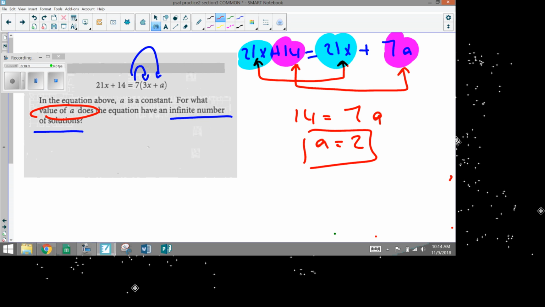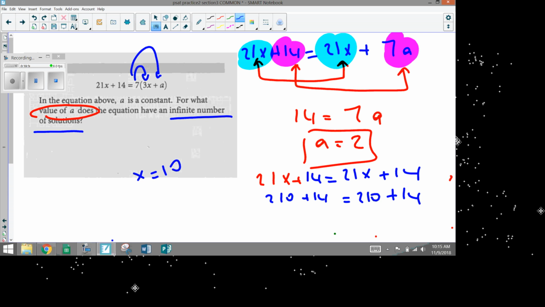What I'm trying to say, let me give one example. Let's say x equal to 10. X equal to 10, 210 plus 14 is equal to 210 plus 14.